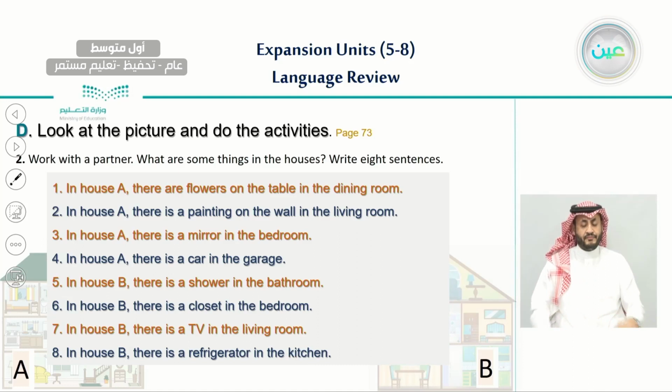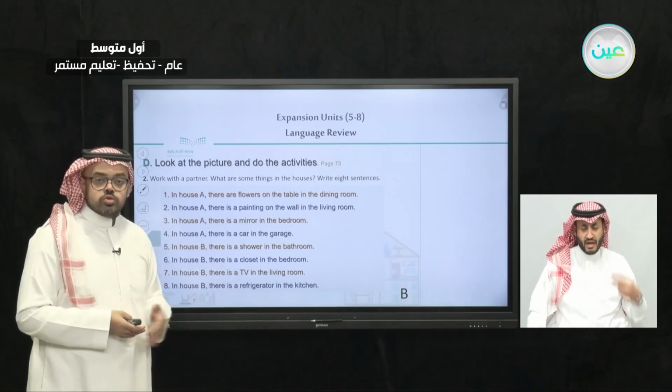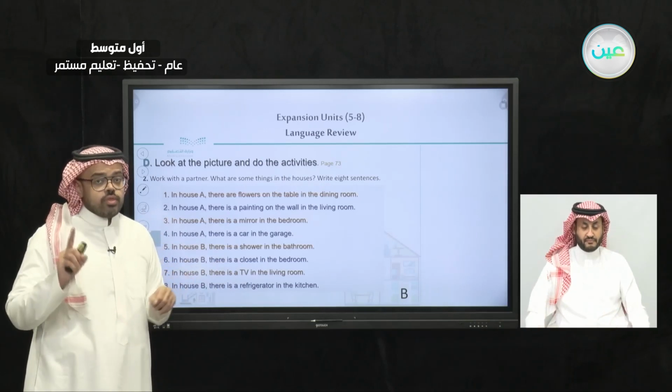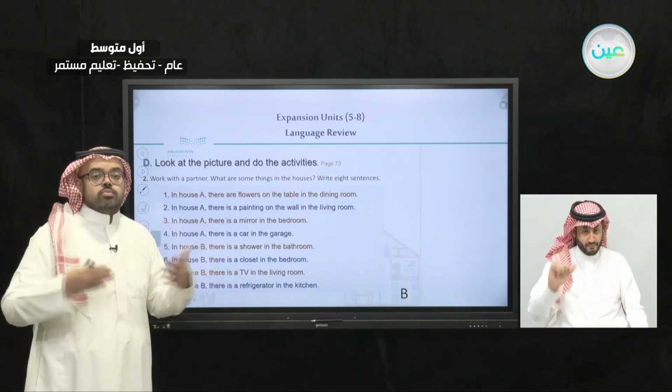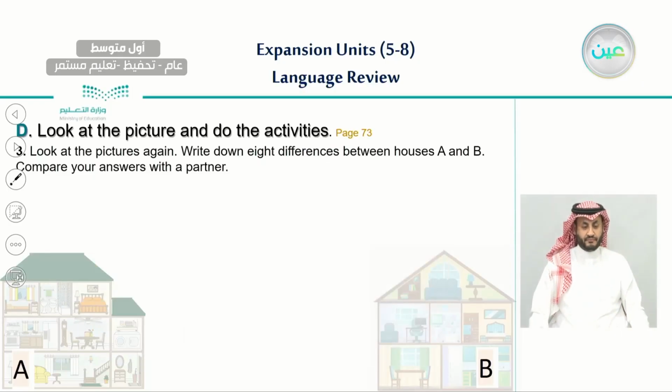Not only these things are in these two houses, there are even more things. You can choose different things and write about them. And remember, if it's one thing, you say there is, and if it's more than one thing, you say there are.